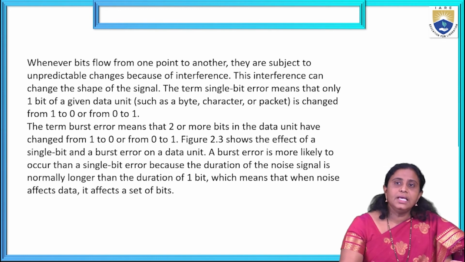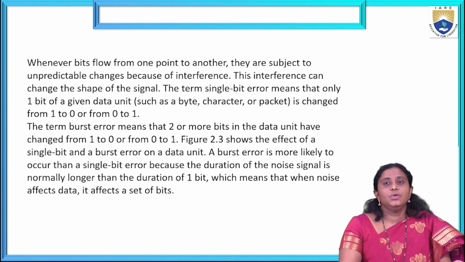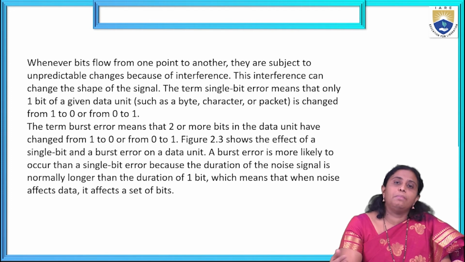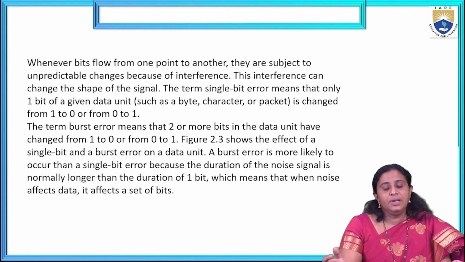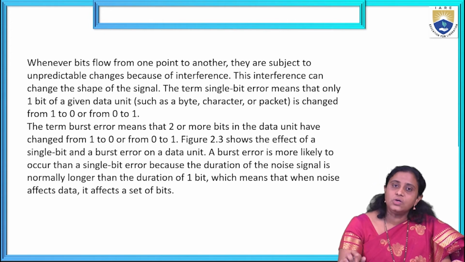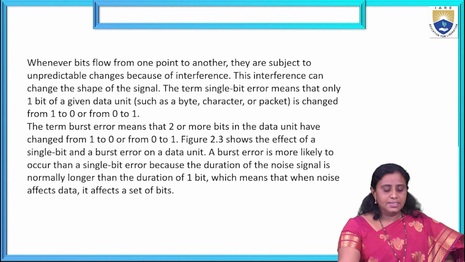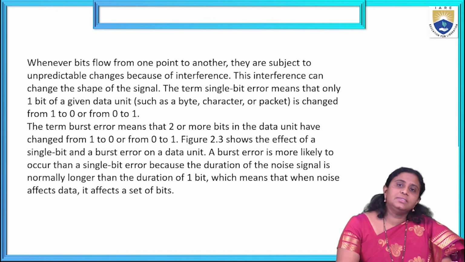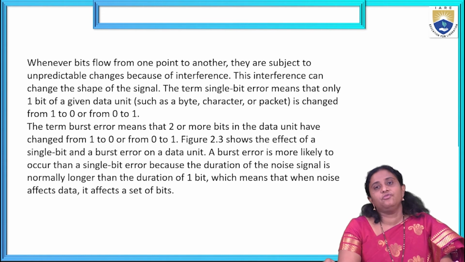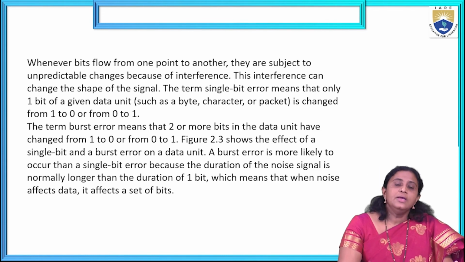The term single bit error means that only one bit of a given data unit, such as a byte, a character or a packet, is changed from 1 to 0 or 0 to 1. The term burst error means that two or more bits in the data unit have changed from 1 to 0 or 0 to 1. Figure 2.3 shows the effect of a burst error on a data unit.